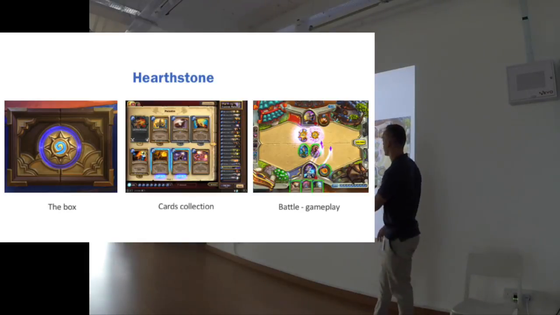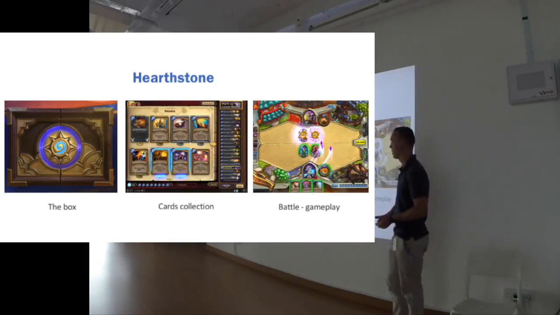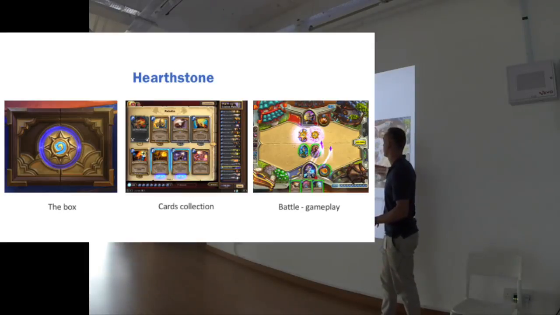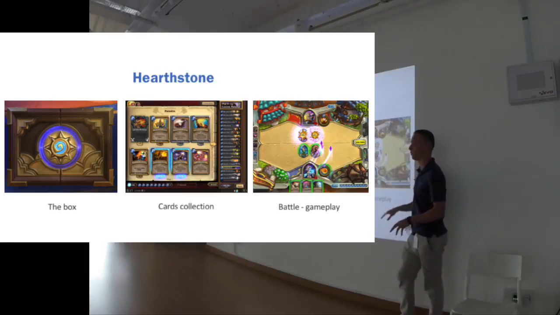Another good example is Hearthstone, which combines two types of interfaces. It's kind of diegetic because of the box and the cards, and non-diegetic because of the additional numbers that we can see in the game to show us more information.